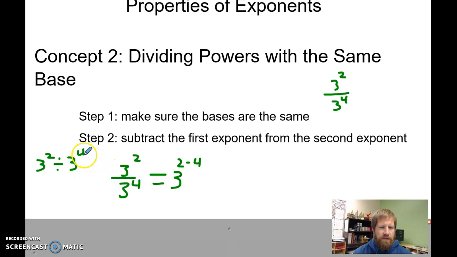Okay, so whichever the bottom number or the second number, whichever one that is, the one that becomes negative, or that's the one that you're subtracting. Okay, and then 3 to the second minus 4 is going to be 3 to the negative second power.